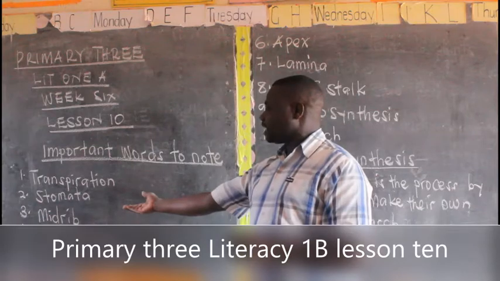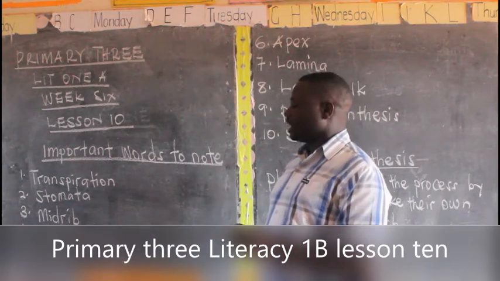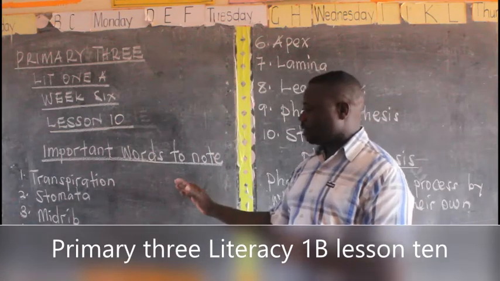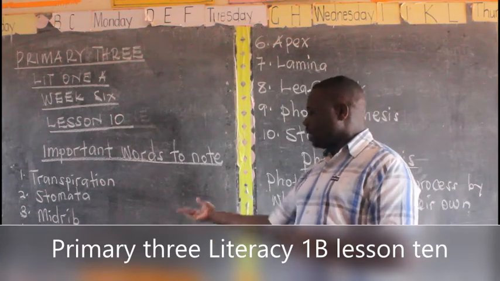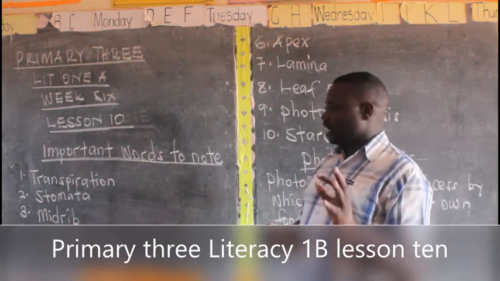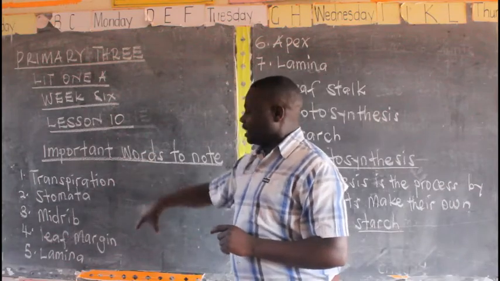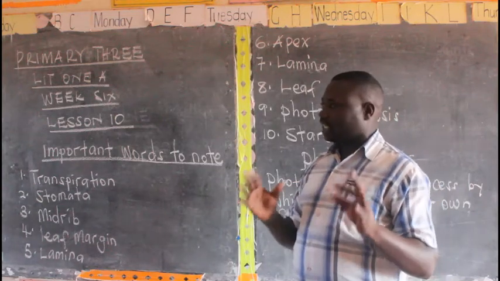So midrib, we say it is the main part, the main vein of the leaf. It is found in the middle of the leaf. Midrib. All of you read? Midrib. Then we have leaf margin. All of you, leaf margin. You should keep on reading these words time and again, such that you master them.